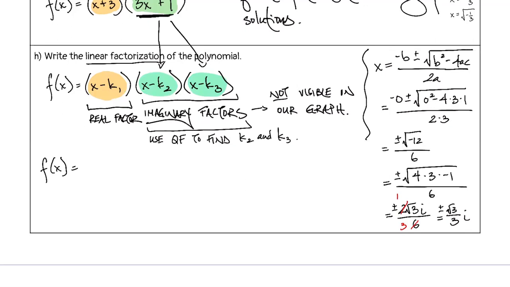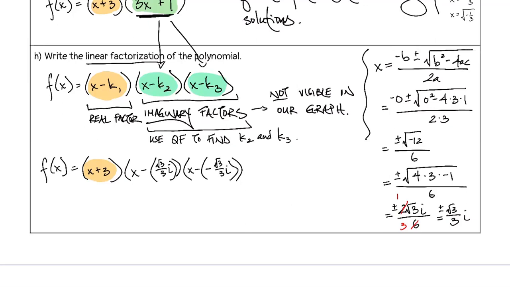Okay. So our f of x then is our x plus 3. That was our orange. And then instead of 3x squared plus 1, we're going to write x minus root 3 over 3 i, or x minus the negative root 3 over 3 i.